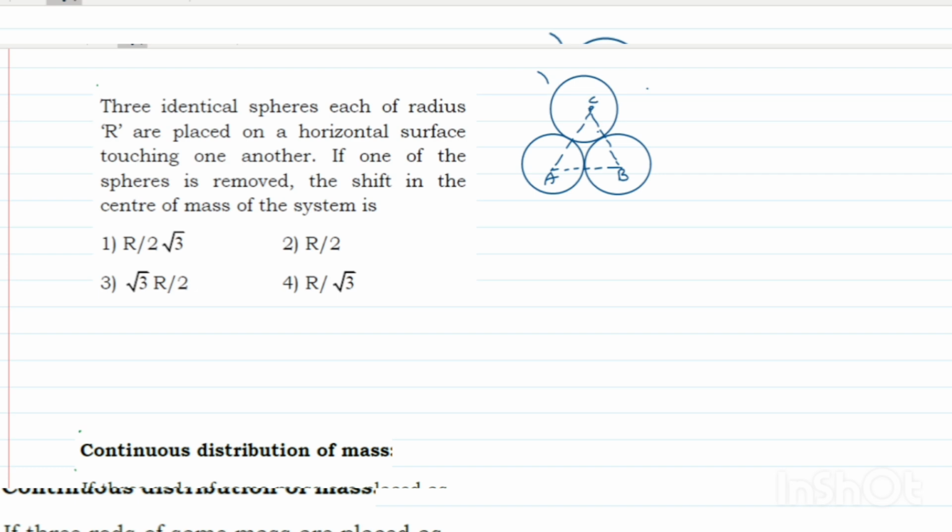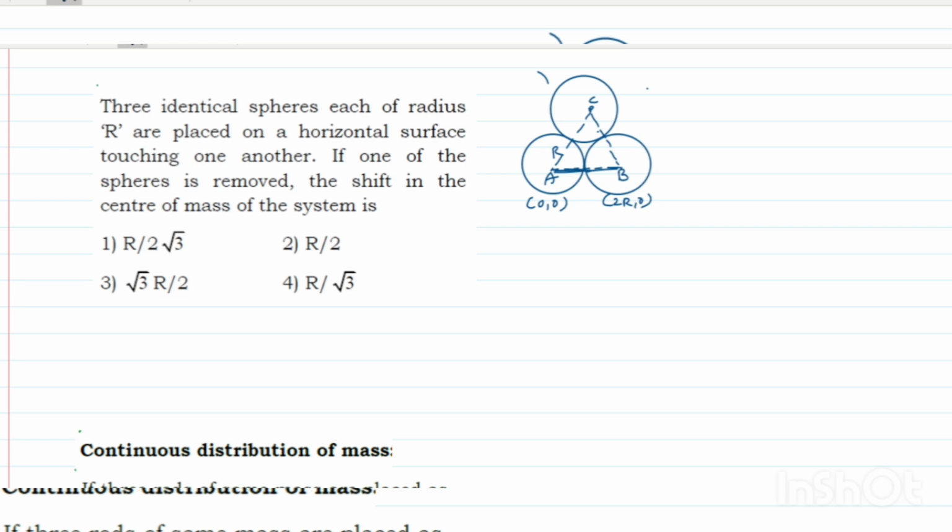Here A will be located at 0, 0. For B, let us take the radius as r, so from here to here is r, and from here to here is 2r. So B will be at 2r, 0.